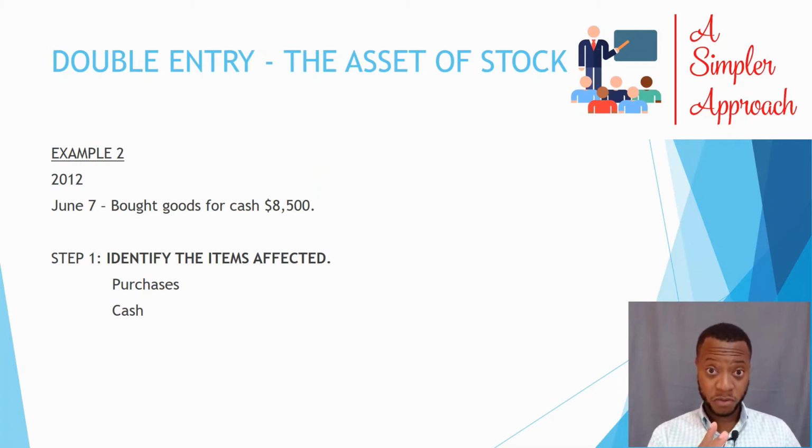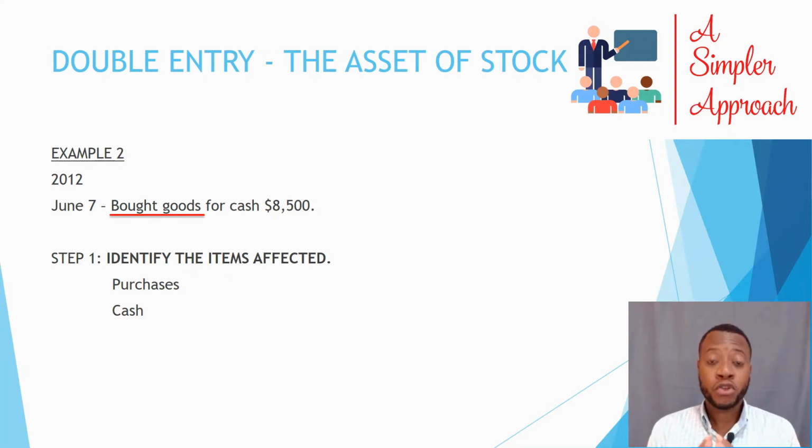Example number 2. Bought goods for cash, $8,500. Now, remember what I said about those two words? Bought goods. Whenever you see bought goods, what does that mean? Purchases. It's supposed to happen just like that. Bought goods. Oh, purchases. Poof. That's what's supposed to happen.